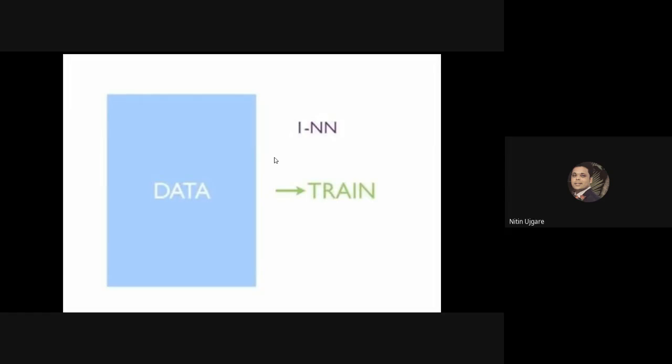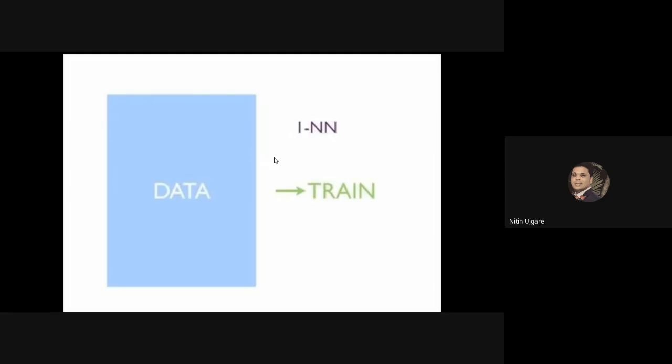KNN is a widely used geometrical classification algorithm in machine learning, and there are different versions of it. NN stands for nearest neighbor, so K nearest neighbor classification algorithm. The first version is the one nearest neighbor classification algorithm. We are using different versions of this nearest neighbor algorithm.